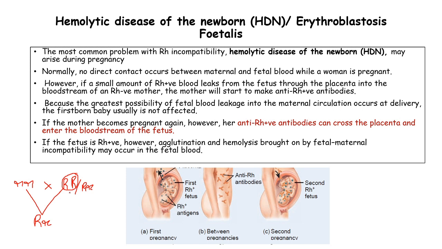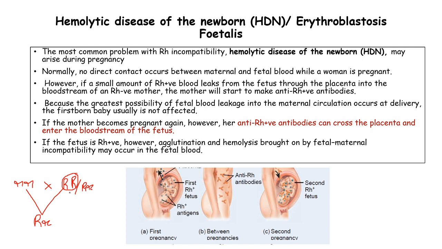So in the first pregnancy, there will not be any complications, because the fetal and maternal blood do not mix. There is a well formed placenta, and the placenta restricts the mixing of blood.